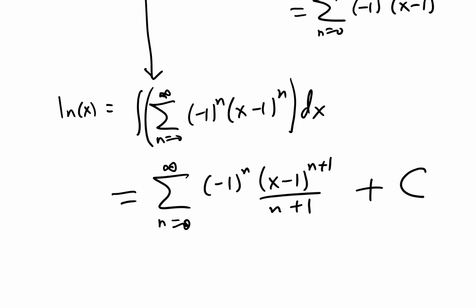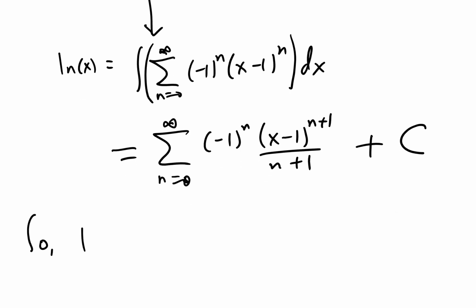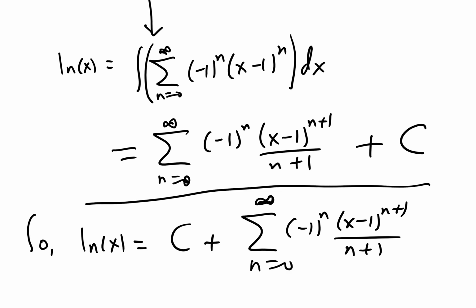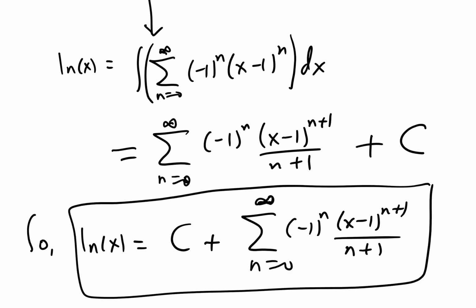So, in summary, we have ln of x equals, we always write the plus c first, c plus the sum, n goes from 0 to infinity, of negative 1 to the n, (x minus 1) to the n plus 1, over n plus 1. This is the ln.